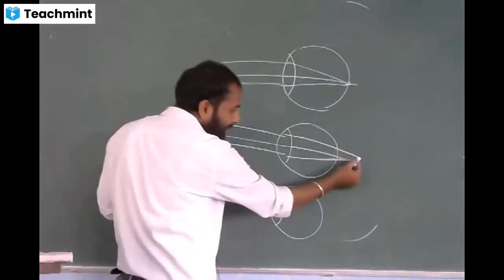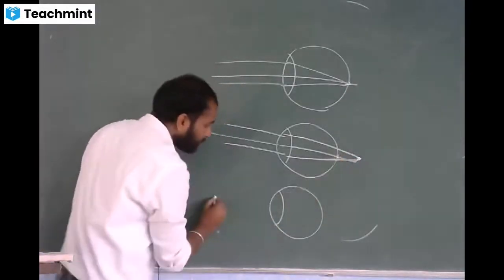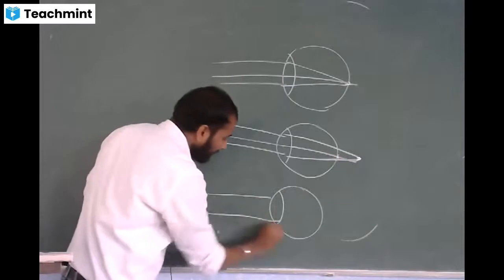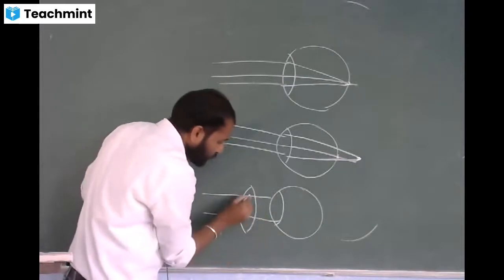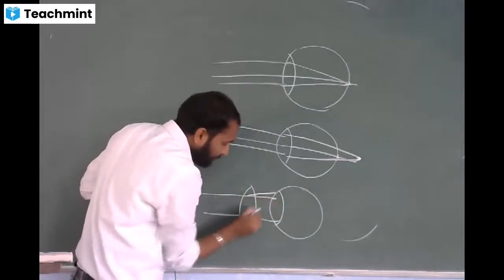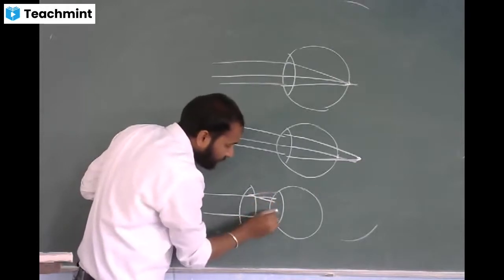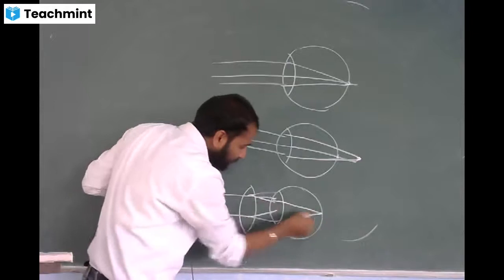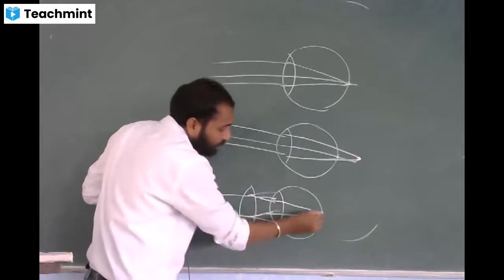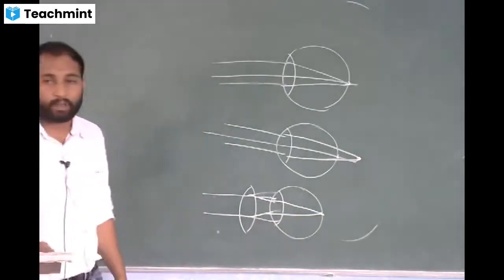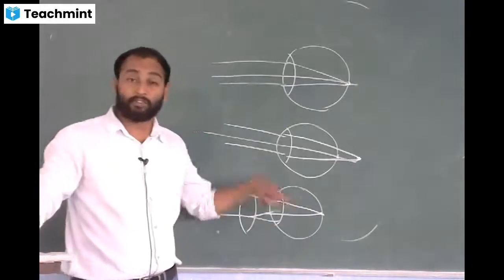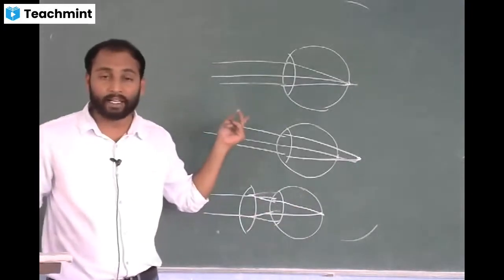So in order to bring this back on the retina, what do we have to use? We have to use a convex lens. So once we use a convex lens, the rays will converge. Once the rays converge, the image will fall back on the retina. So you follow the first diagram which is given in the textbook.